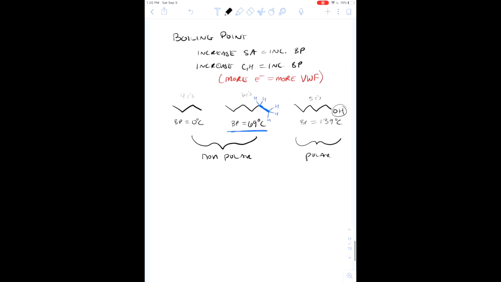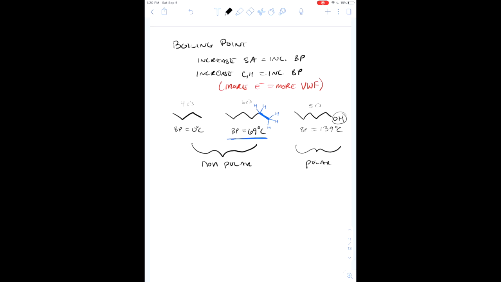But another point we want to make about boiling point is that the more branching for an isomer, then the lower the boiling point. Okay, so again, we want to increase the surface area for a high boiling point. So this means that no branching is ideal. Okay.